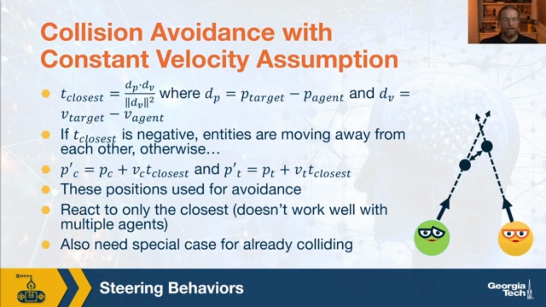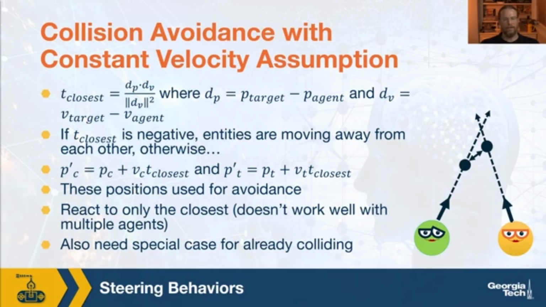And if it's a negative t value, the entities are moving away from each other and we don't have to worry about a collision. But otherwise, what we want to do is find this future position for each of the two agents. And so we just use future position equals current position plus velocity times time for both of them, using their own unique current positions and their velocities.